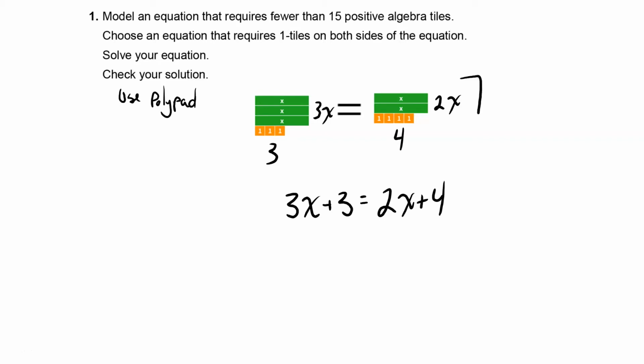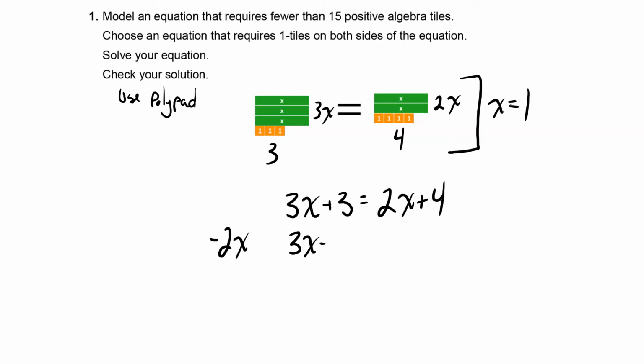My previous solution that I did with a model gave me that x was equal to 1. Let's see what happens now when I tackle this algebraically. I want to collect like terms, so in order to do that, I need to collect all the x's on one side, so I'm going to move that 2x over to the other side. To do that, I'm going to subtract 2x from both sides.